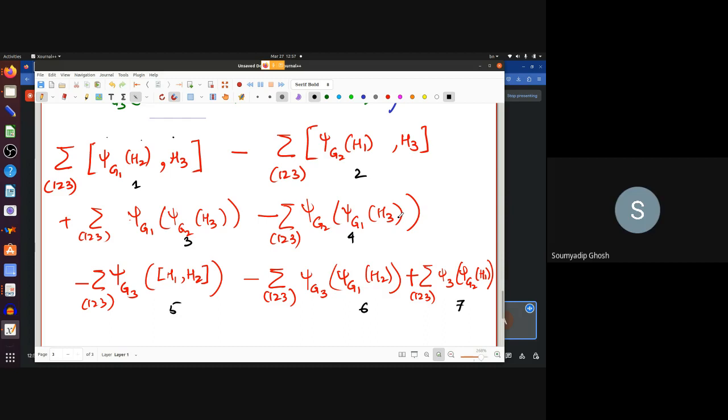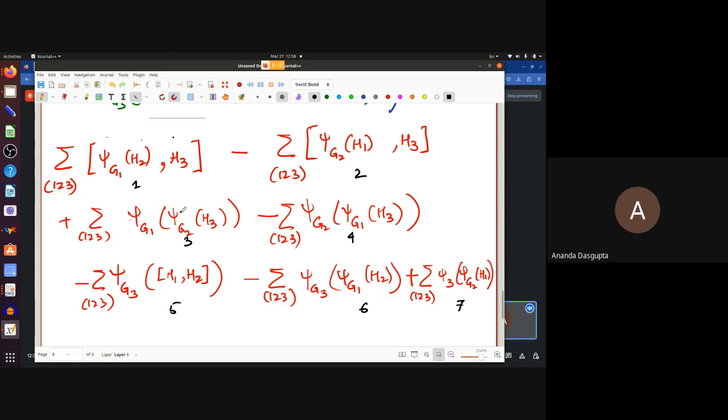But actually, the cancellation is obvious, though it takes a bit of time to think about. Note that term number 3 and number 6 are both psi H, right? But in number 3 and number 4, the indices 1, 2, 3 are in different order.